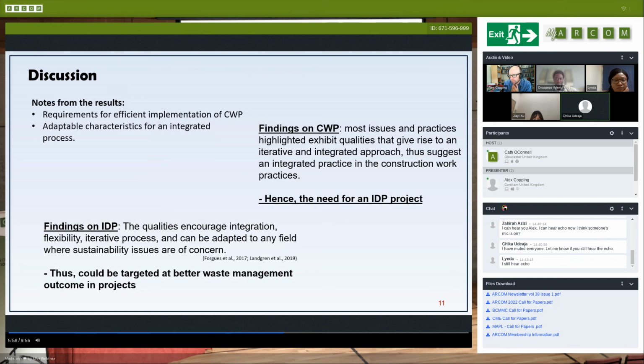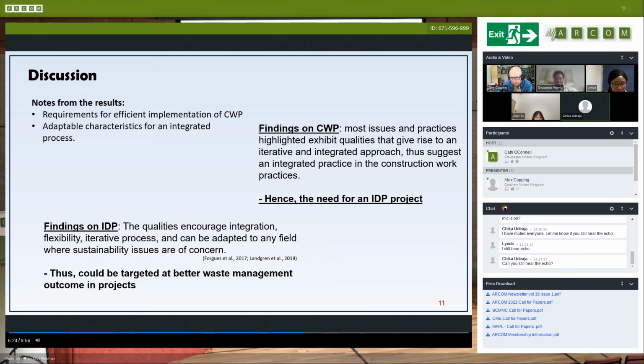The results reveal that most issues and practices for CWP focus on integrated practice in the construction work practices and highlight qualities that give rise to an iterative and integrated approach at the design stage. Therefore, there is the need for an IDP project for efficient implementation of CWP.